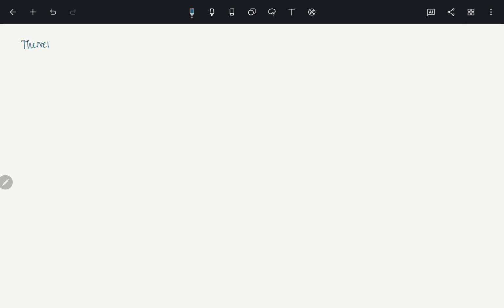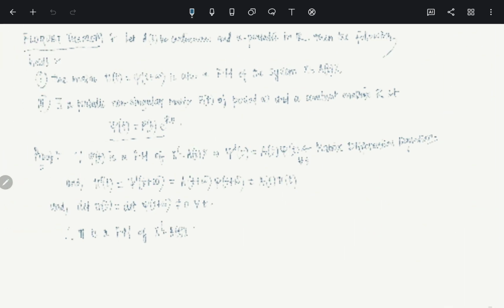Theorem: let P of t and R be such that P is W periodic and R is just a constant non-singular matrix. You remember, we just did it here.